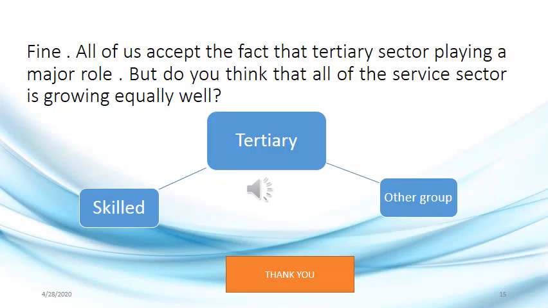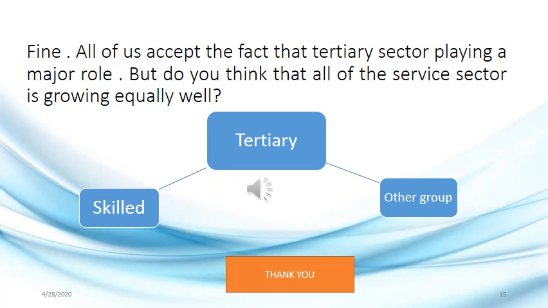When we say that in a country like India the service sector is growing so much in the last 40 years, it doesn't mean that all of the service sector is growing equally well. They are not on an equal footing. There are some economic activities under the service or tertiary sector that grow at a rapid pace.